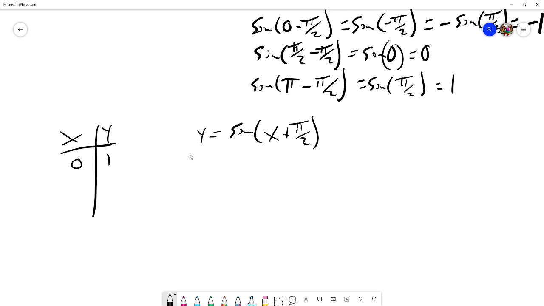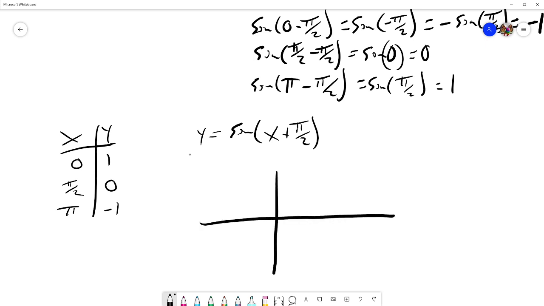Well, sine of pi over 2 is 1. If I plug in pi over 2, that's the same thing as sine of pi. Sine of pi, we know, is 0. If I plug in pi, it's sine of 3 pi over 2, so negative 1. And so we can start making our graph. So here's the original.